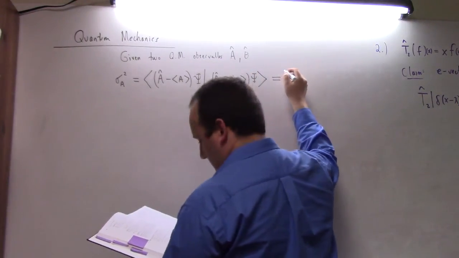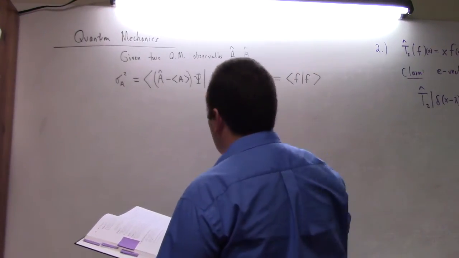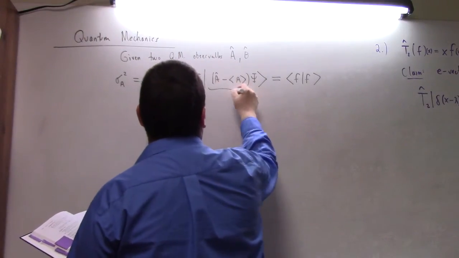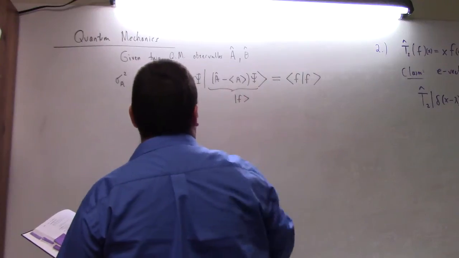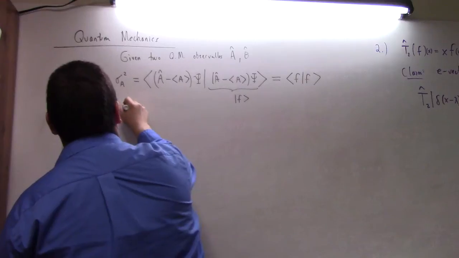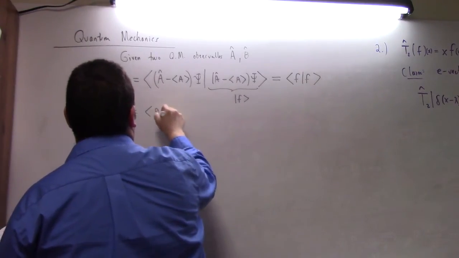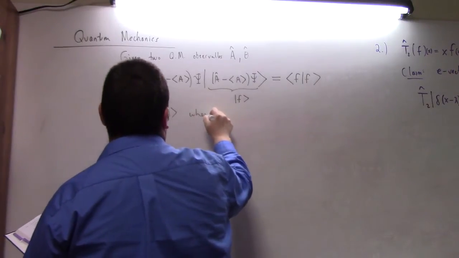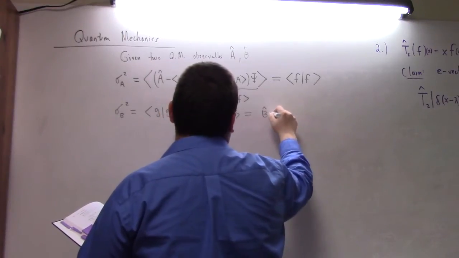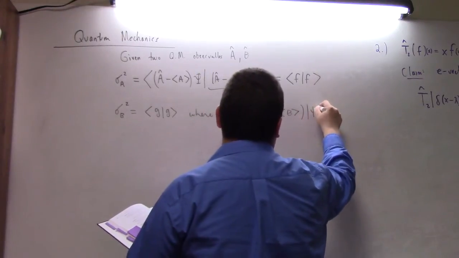And so Griffiths introduces an intermediate notation, F. He's labeling that thing F. Basically, this is the F ket. And then likewise, sigma B squared is going to be G with G, where G is B hat minus the expectation value of B acting on the wave function psi.